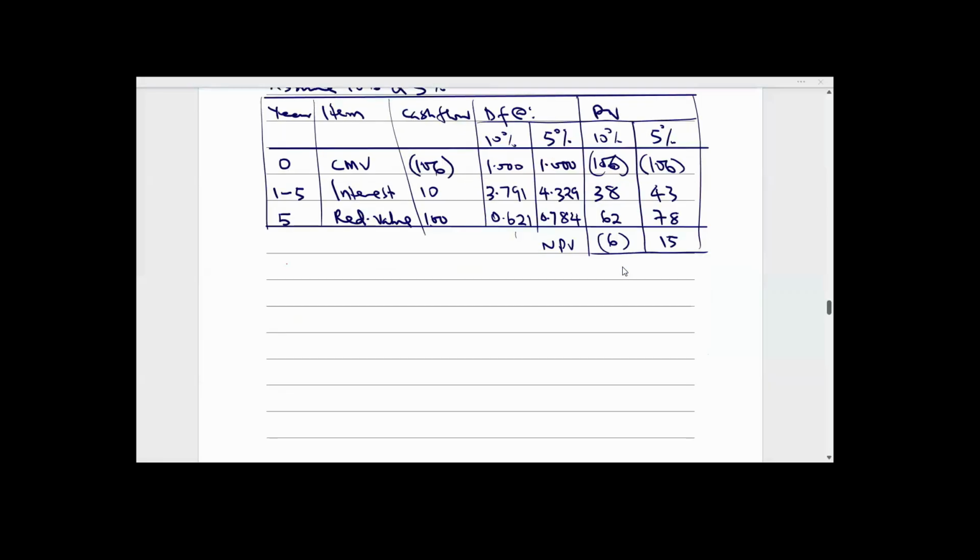So if that is the case, we assume 5%, we got a positive NPV of 15. We assume 10%, we got a negative NPV of 6. So at this point, we need to calculate the cost of redeemable debt.